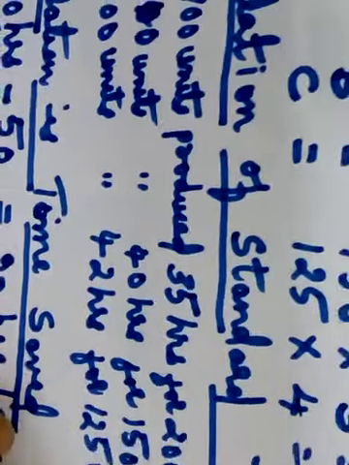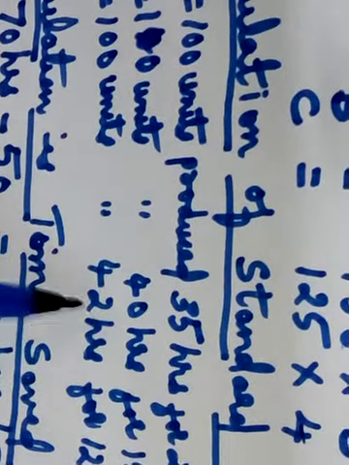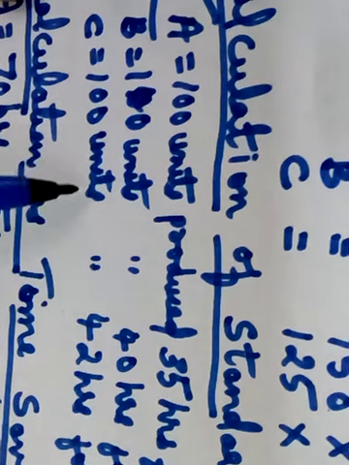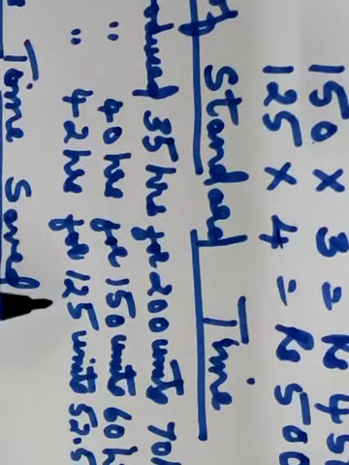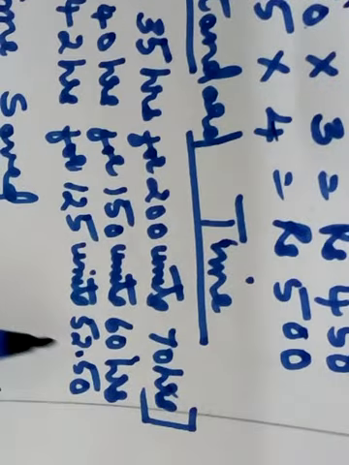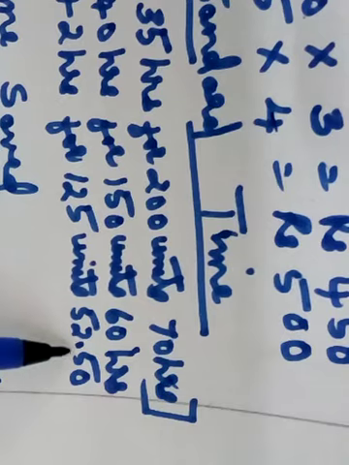In case of C, 100 units standard time is 42 hours, but the actual production of C is 120 units. Therefore the standard time calculated is 52.5.